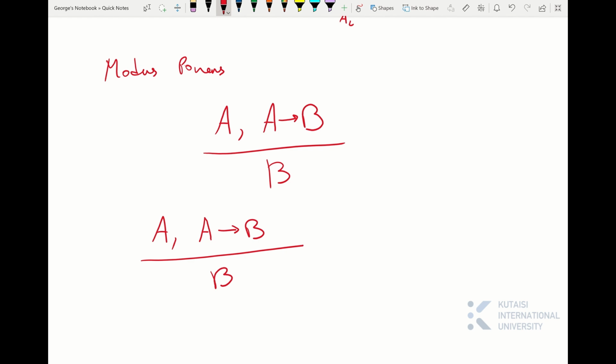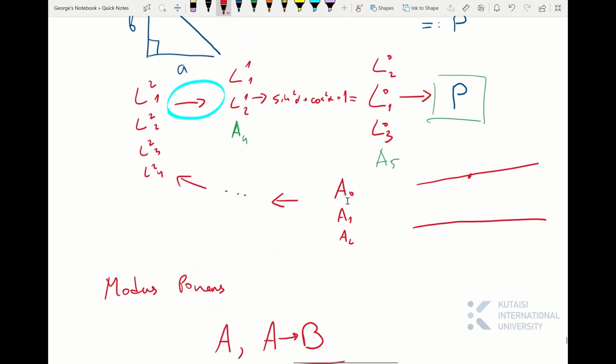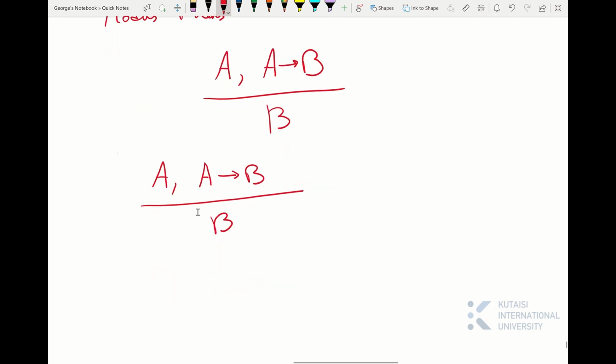Like if Socrates is a man and every man is mortal, then blah, blah, blah. This is called modus ponens, and this would be one of the rules. Meaning if my axiom is A and another axiom is A implies B, for example, then I would prove B. However, you have to specify these things.